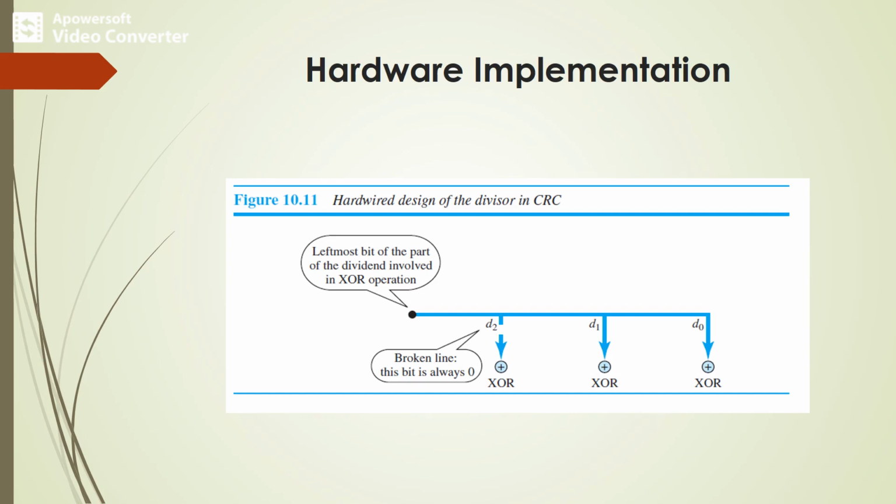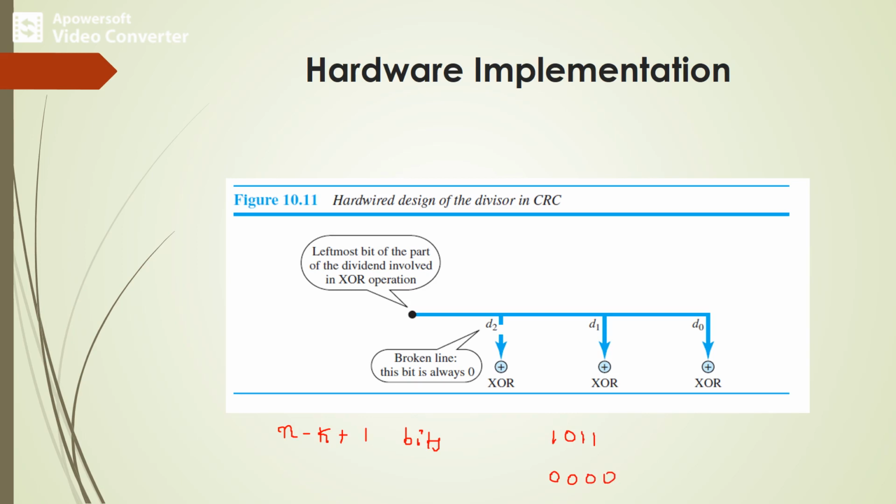So here we can consider the divisor has n minus k plus 1 bits. Either the divisor is some predefined value, like in the previous case we considered 1011, or else all zeros.